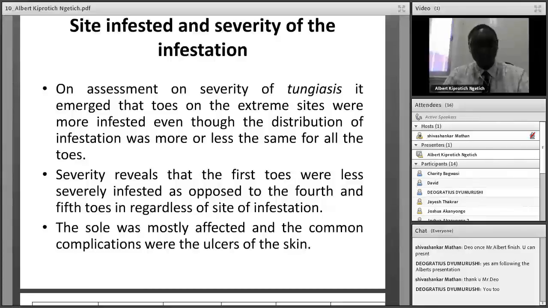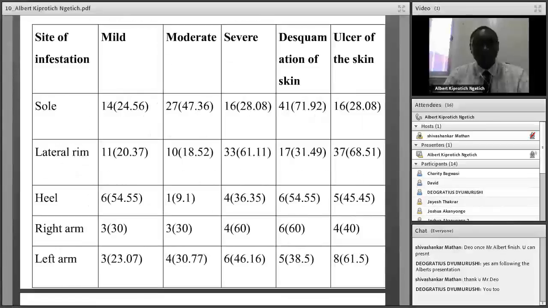The sole was also mostly affected. Common complications were ulcers of the skin. You can see in this table that the sole had cases which were more affected than even the arm and the heel.